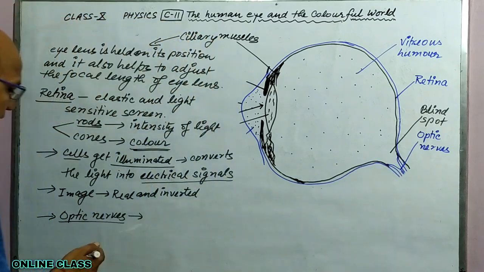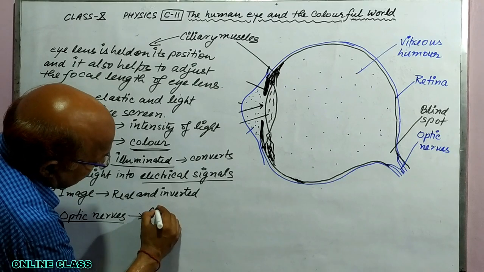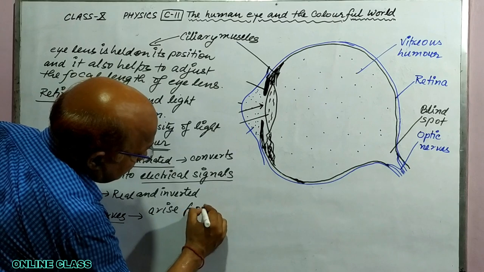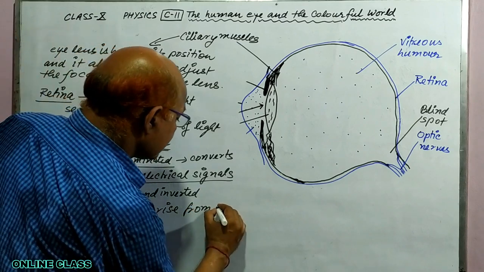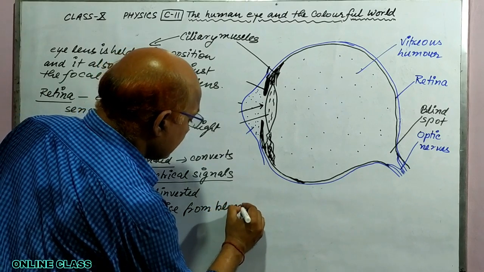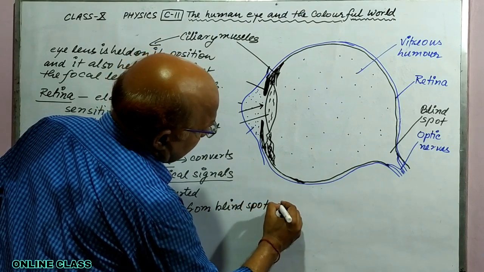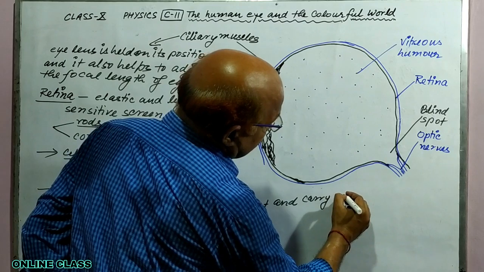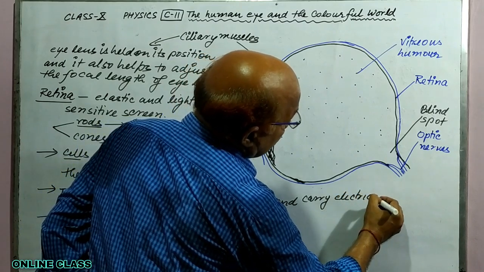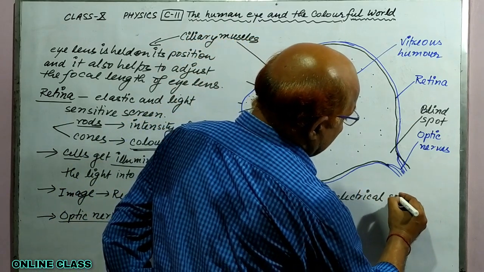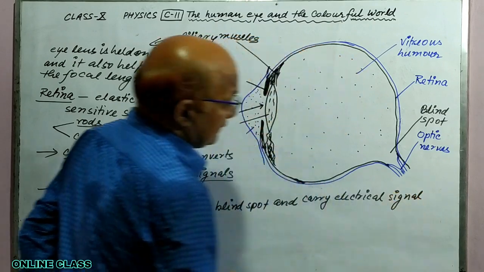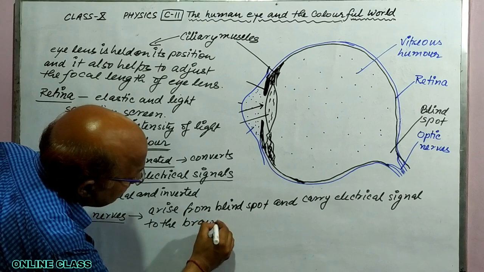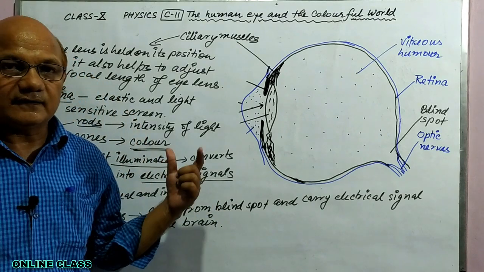So, optic nerves arise from the blind spot and carry electrical signal to the brain. Okay. Now you can take a screenshot of it.